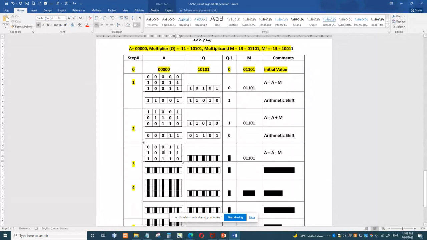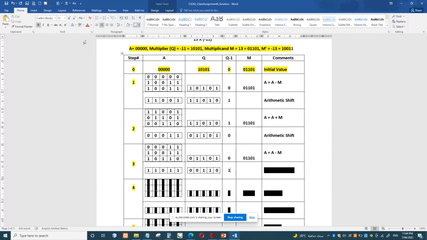Then 0 plus 0 plus 1 is 1, and we don't have any carry. 0 plus 0 is 0, and 0 plus 1 is 1. So that is after finishing a equal to a minus m. This is our a value. Q will remain as it is, and q minus 1 will remain as it is. But as you know, whether we do a equal to a minus m or a plus m, we have to do the arithmetic right shift now.